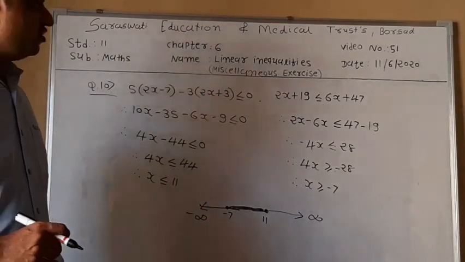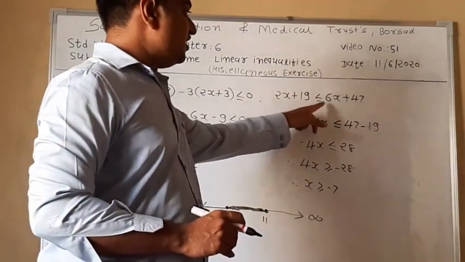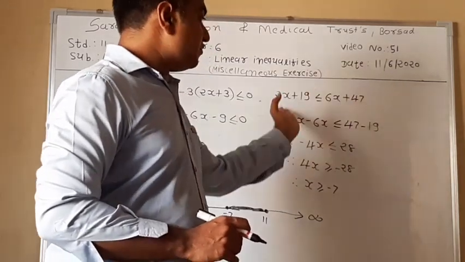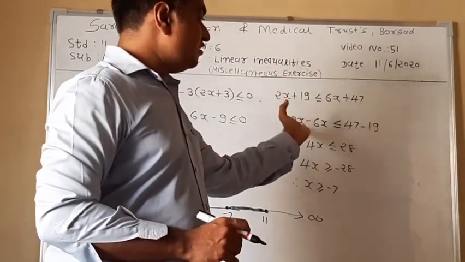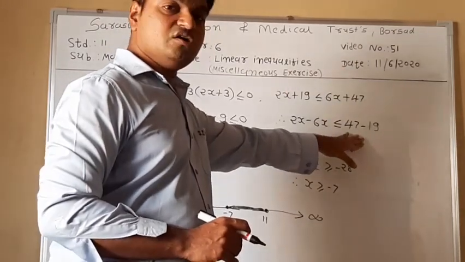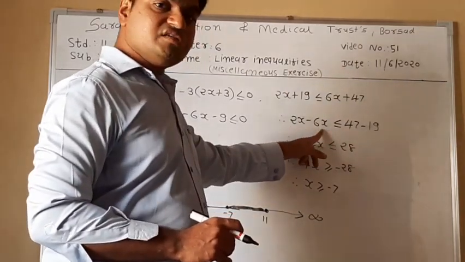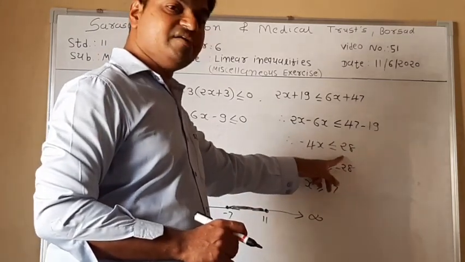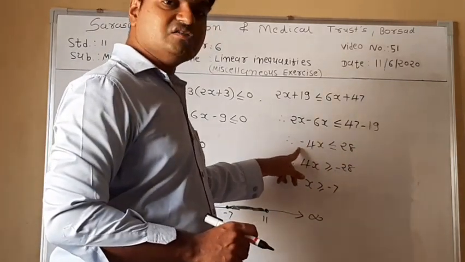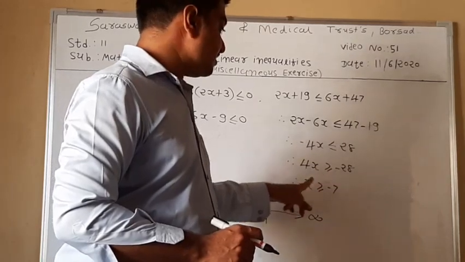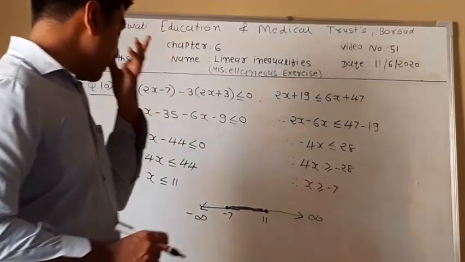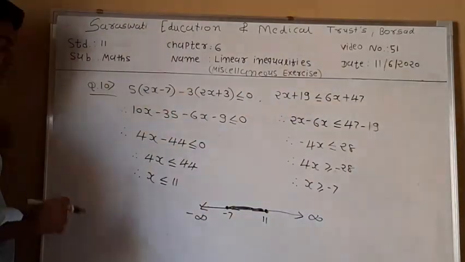In the same way, in the other inequality 2x plus 19 less than or equal to 6x plus 47, write the x terms on one side and constant terms on the other side. So 2x minus 6x, that means minus 4x less than or equal to 28. Now remove this minus sign, so multiply both sides by minus. Divide by this term, so x greater than or equal to minus 7.